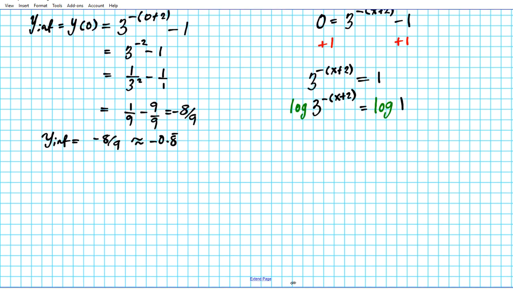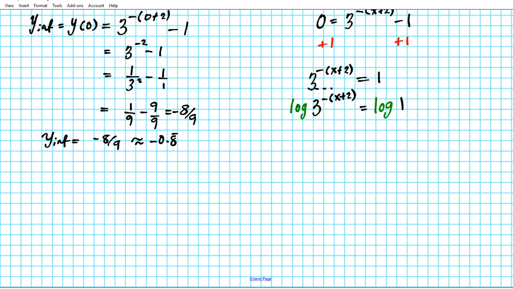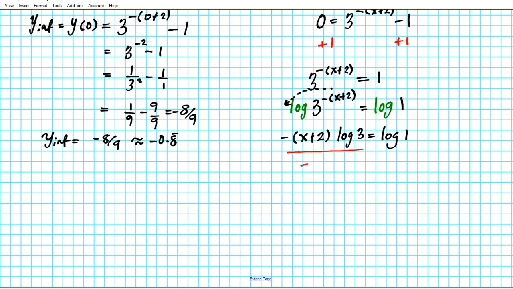Okay? So now this exponent can get powered down. It's going to be negative quantity x plus 2 times log 3 equals log 1. And then we can divide both sides by negative log 3 just to get the quantity x plus 2 by itself.